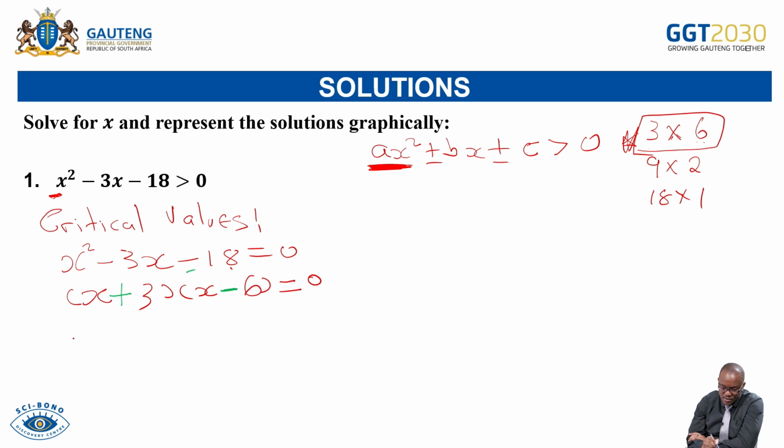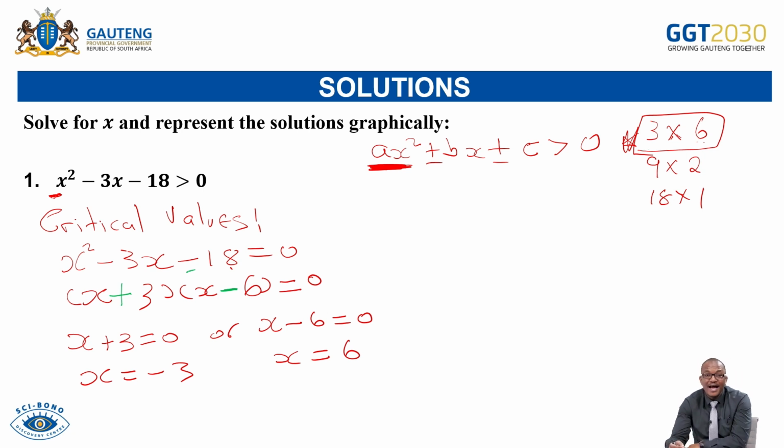Then we apply what we call the zero factor rule, where we solve for x. So x plus 3 is equal to 0 and x minus 6 is equal to 0. When you solve for x, x is equal to negative 3, or x is equal to 6.